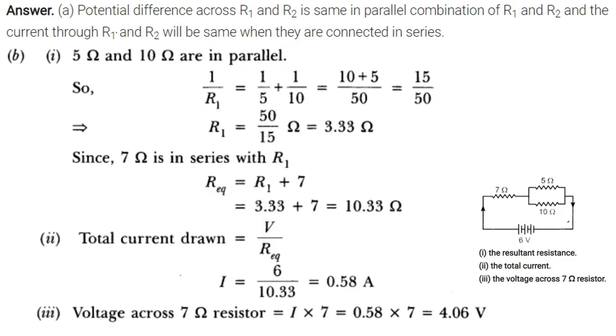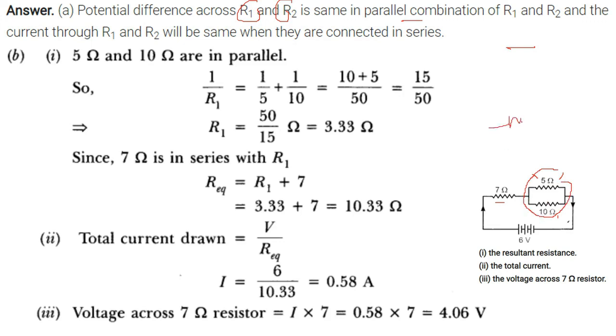Let us answer the first one. The potential difference across R1 and R2 is the same if they are combined in parallel, say this 5 ohm and 10 ohm. So the potential difference across 5 and 10 will be the same. And the current through R1 and R2 will be the same when they are connected in series. So this 7 ohm and this combination will have the same current.